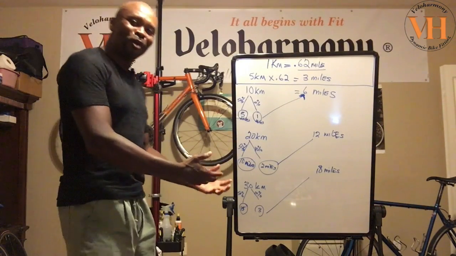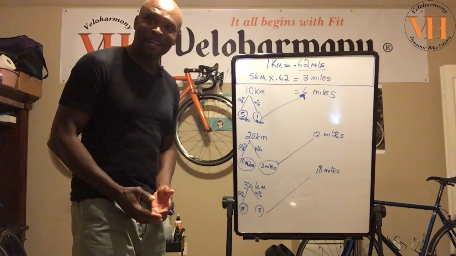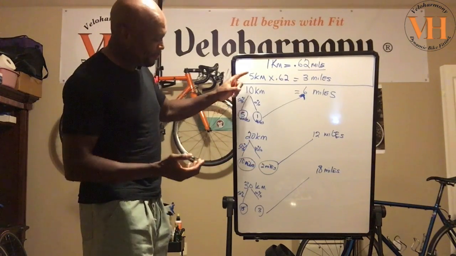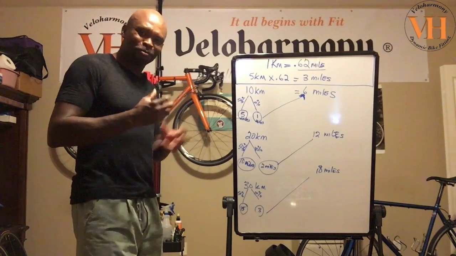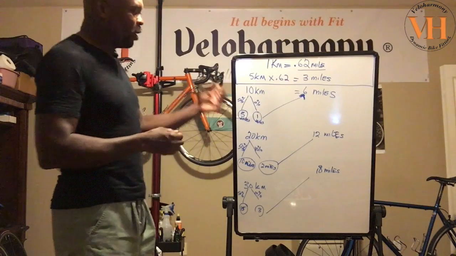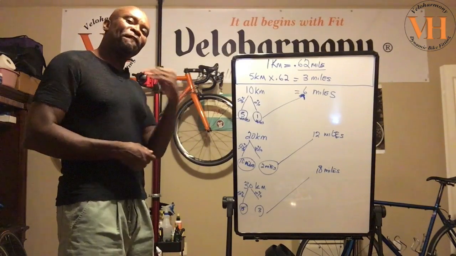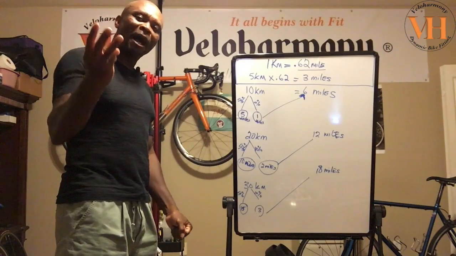So when you go do a run on the weekend and they say we're doing a 5K, you're running 3 miles. If you're doing a 10K, from 5 to 10, you're running 6 miles. Just generally, if you did the formula, it might be 6 point something or whatever. What I want you to see is every 5 kilometers an hour roughly equates to 3 miles an hour.